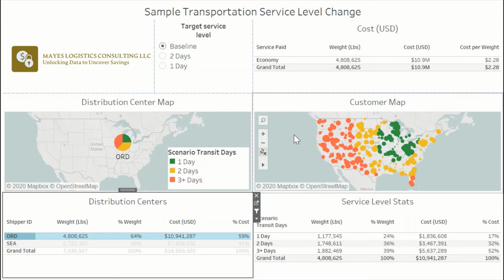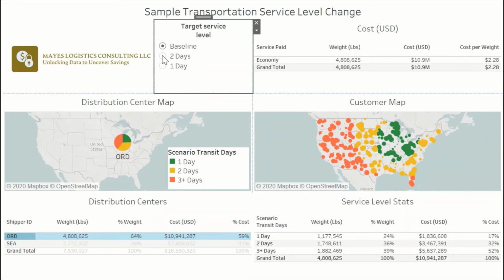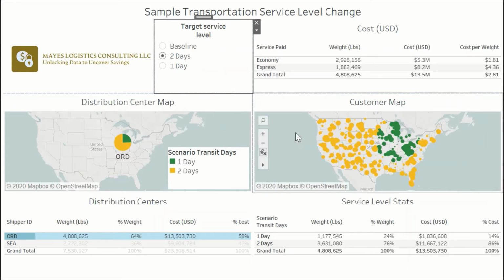So I've modeled that scenario in the background. So we'll click on the 2-day scenario here. And as you can see, all of those red customers turn to yellow because by paying for express service, you can reach them in 2 days instead of the 3 or more days that you would have to wait to reach them in the baseline using economy service.